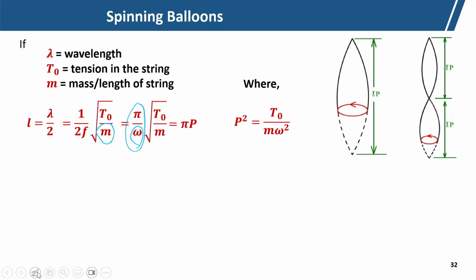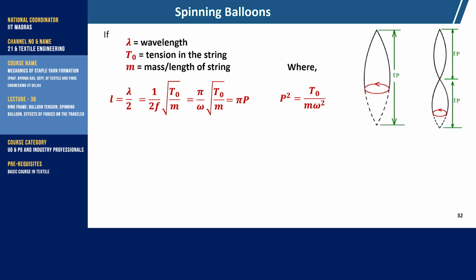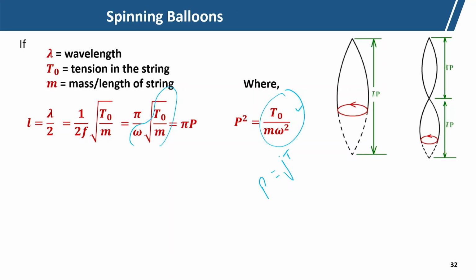which is equal to pi into P, where P square is given by this. And P will be under root T0 by m into 1 by omega.